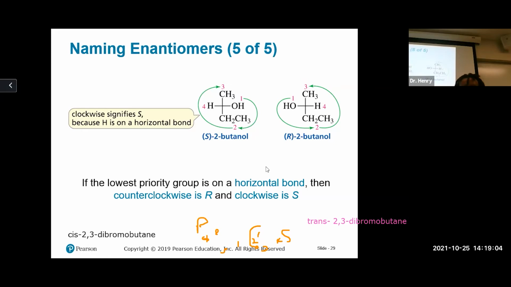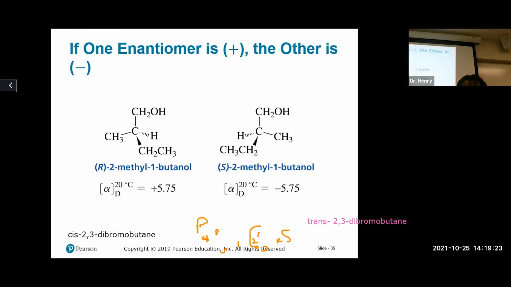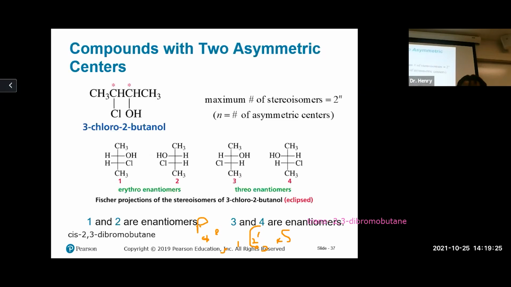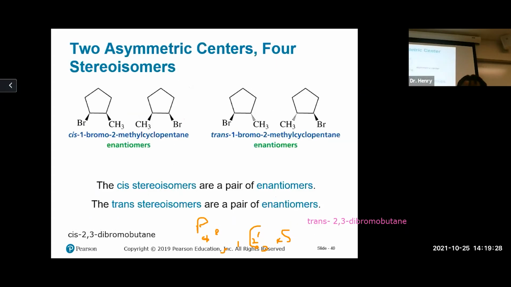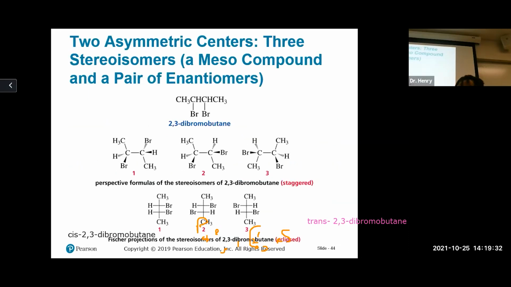Because it's going to look the same either way, whether it's the Fisher projection or just a standard wedge dash. Still going to be the same problem. Okay, does that help? Sort of.